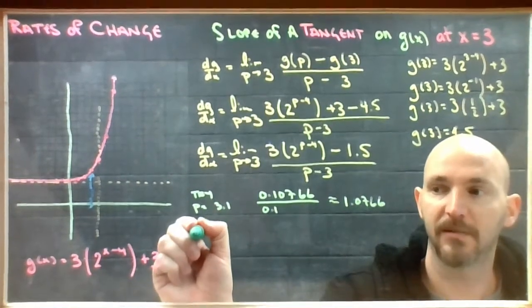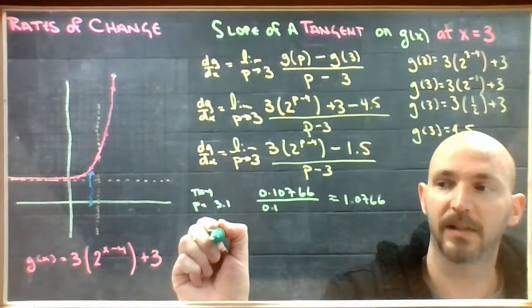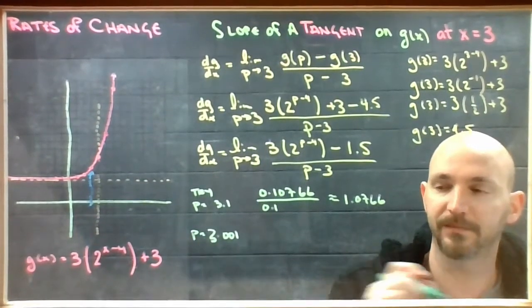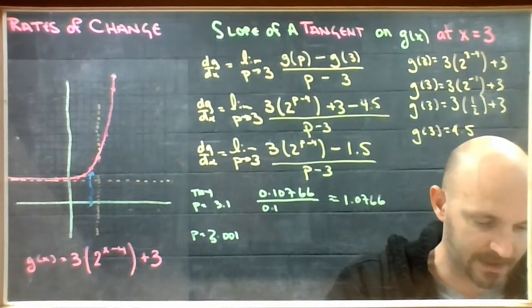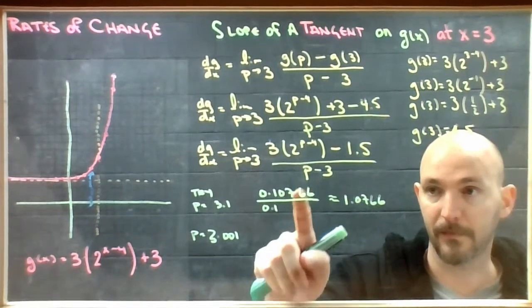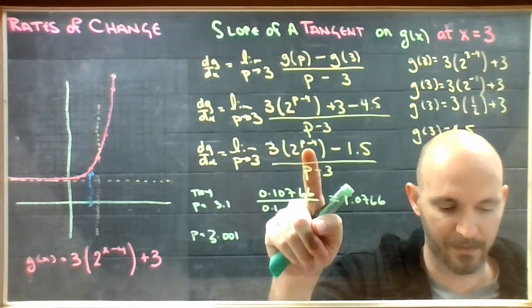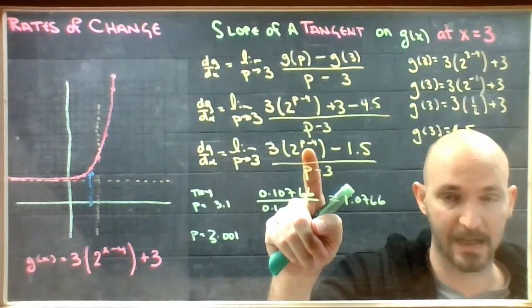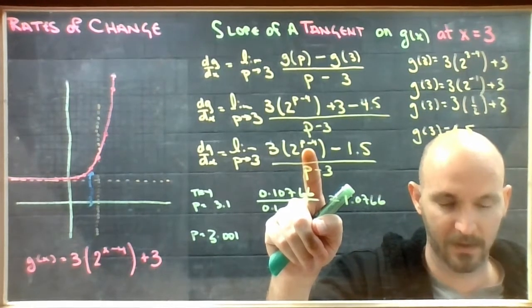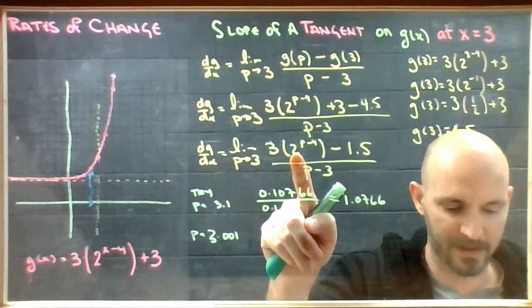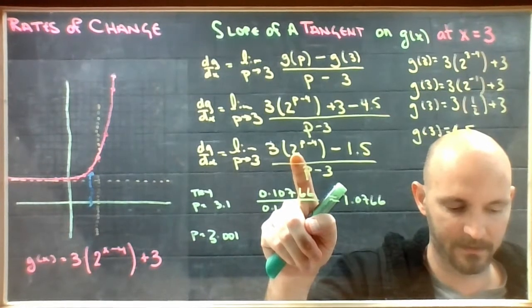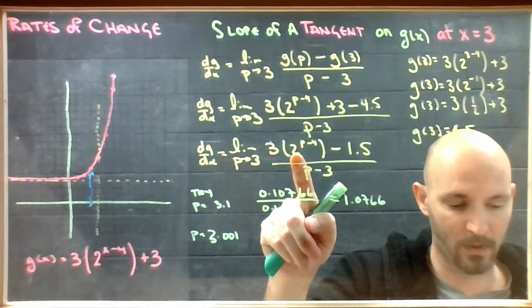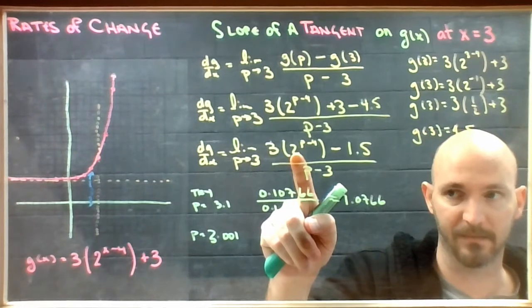Now I'm going to try P is 3.001. So if I put that into the calculator, up here, 3.001 minus 4 is negative 0.999. 2 to the exponent negative 0.999 is 0.50034666937.